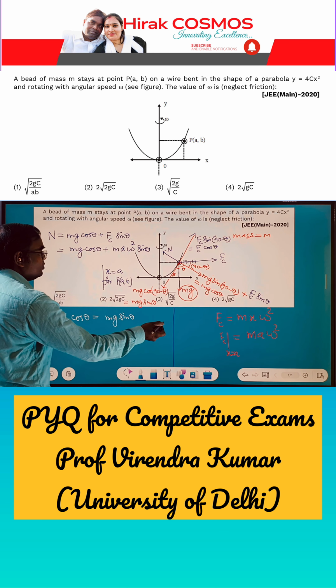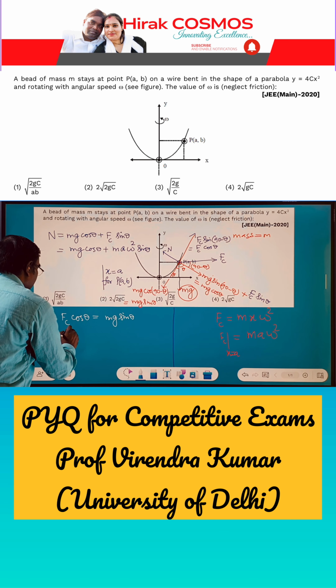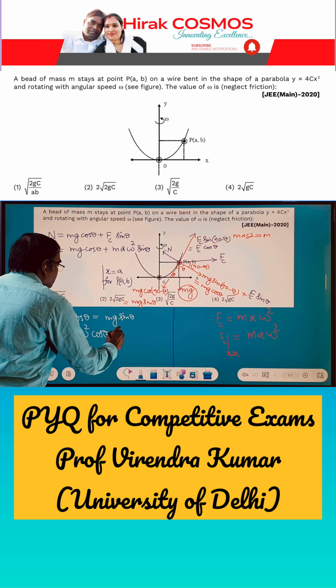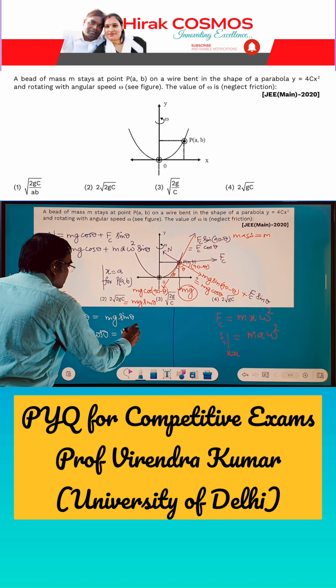So for the point P, m a omega square cos theta is equal to mg sin theta.